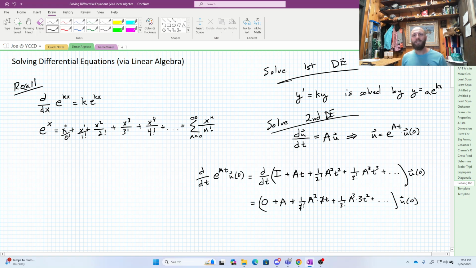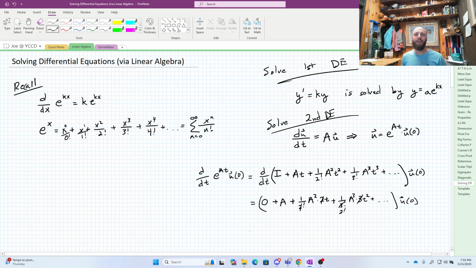Then if I look at this, I'm going to notice that this 3 here is going to cancel with that 3 factorial and leave me a 2 factorial. The 4 in the next term is going to cancel with the 4 factorial and leave me with a 3 factorial. Then I can notice that everything is basically 1 A along from what I just had.